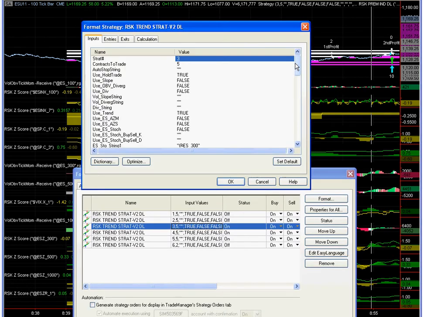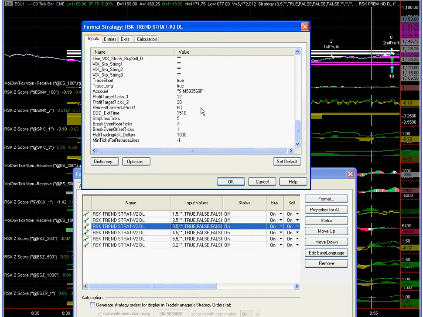and our profit targets. Now, because the market has been moving so much over the past few days, we increased the profit target on the initial portion of our contracts to 12 ticks, so 3 points.